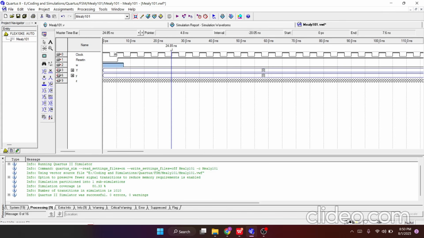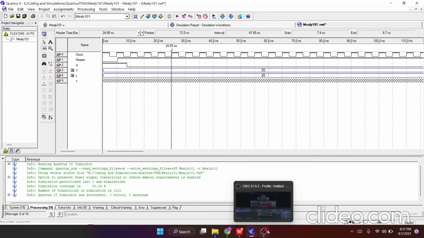Now you are not bounded by the grid size of the output window. If you turn off this snap to grid option, then you are not bounded by the grid size. You can extend it, decrease it, drag and drop it up to any time value. But this is not recommended because you will face errors if you mess up a little bit. So yeah, I'm ending this video. Thank you.